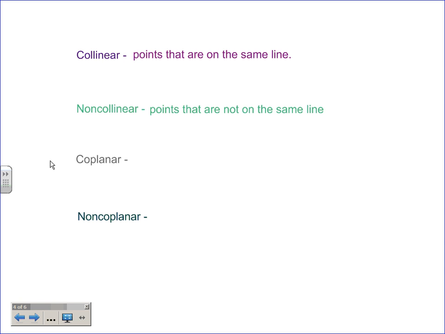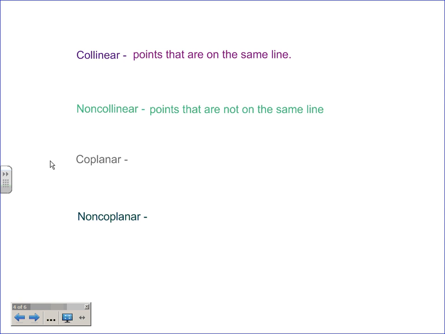Wait a minute. These next 2 are new. Coplanar. So what's the root of coplanar? What's the root word in there? Plane. So the AR again just turns it into an adjective. Co kind of means same. You see how easy this is if you just break down the words? It looks a little scary, doesn't it? But really, if you just break it down, that's pretty simple. Okay. So coplanar. Which one do you think it matches up with up here? Is it collinear or non-collinear?